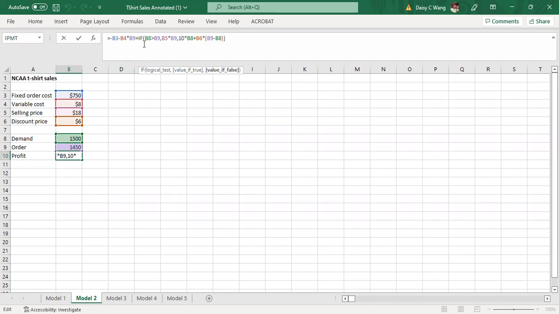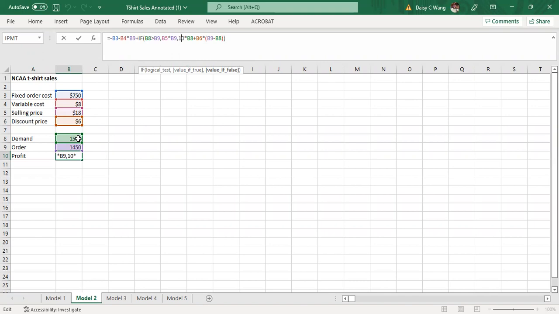The revenue will be, if the demand is bigger than what you have, you can sell all you have, right? So you will sell all of them at $18, so it'd be B5 times B9. But if the demand is smaller than the order, then you can sell whatever the demand is. So it'd be B5.